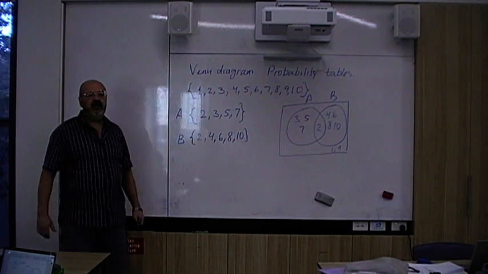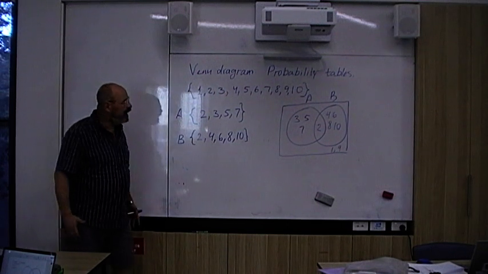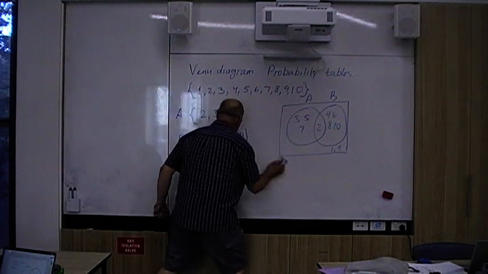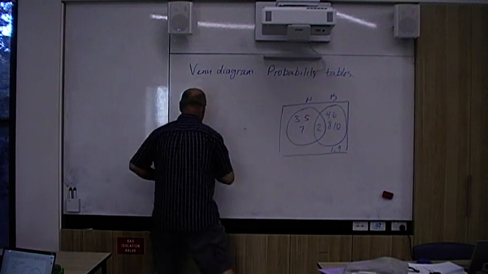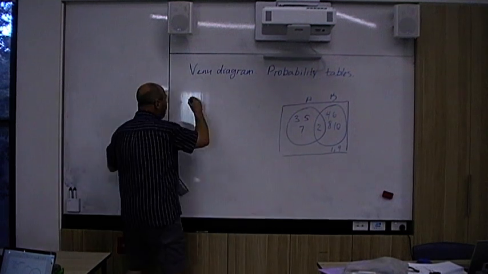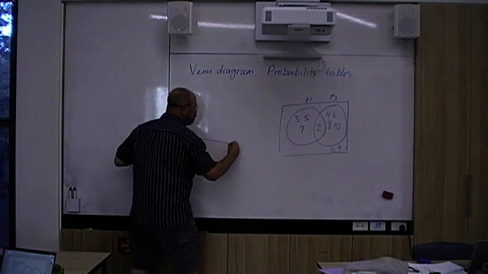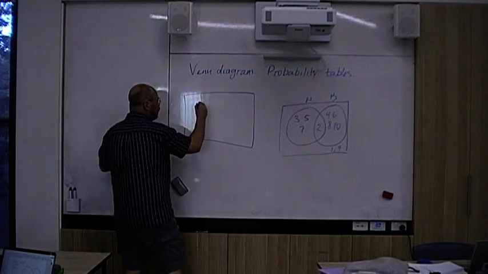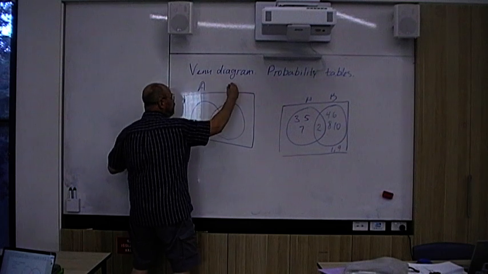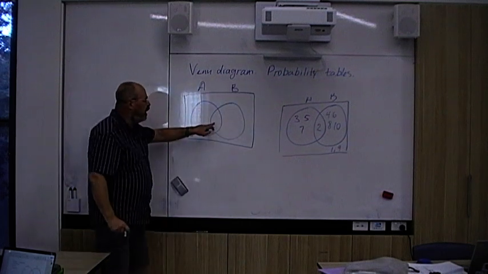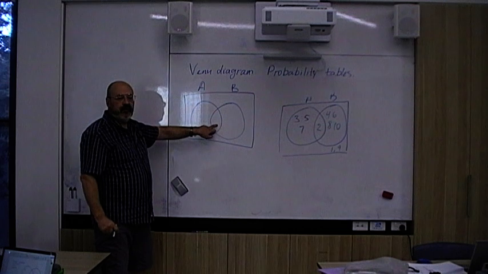Now that we have listed the numbers which are in the sample space, let's represent it not using the numbers, but how many of the numbers are in each set. How many numbers are in both A and B?